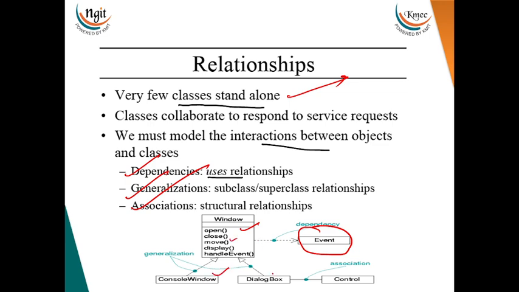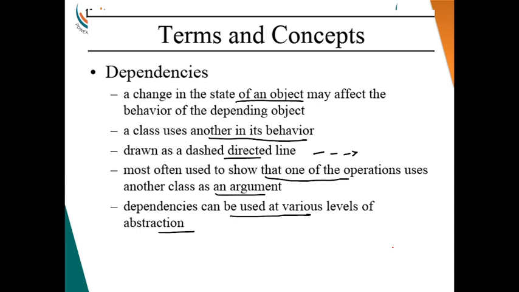Generalization: console windows, dialog boxes. There are two types of windows which are available. That's why we have got two topics. And this dialog box control is associated with something called a remote one. And a dependency can change the state of an object, and may affect the behavior of the object. If it is dependent, the effect of the dependency can change it.